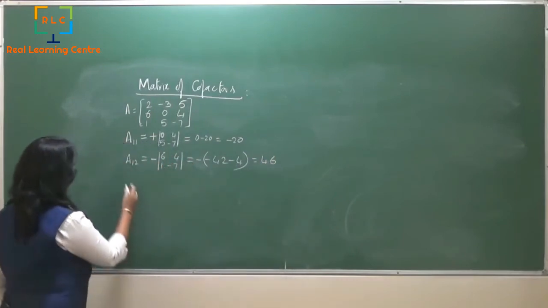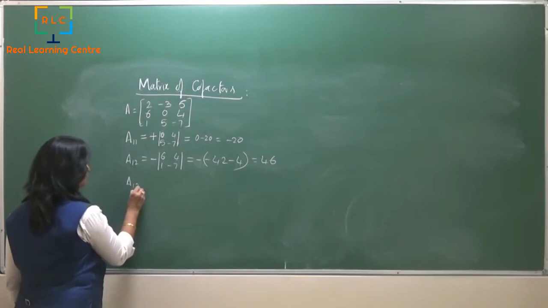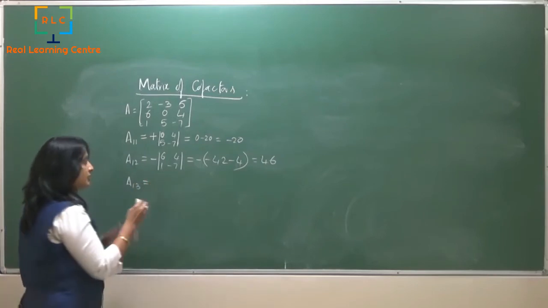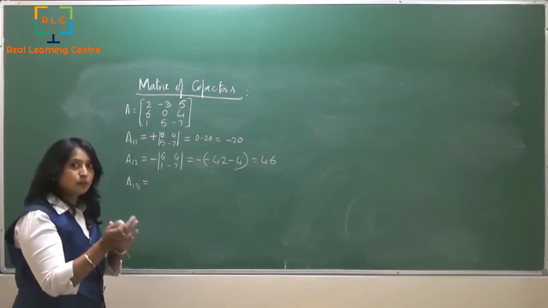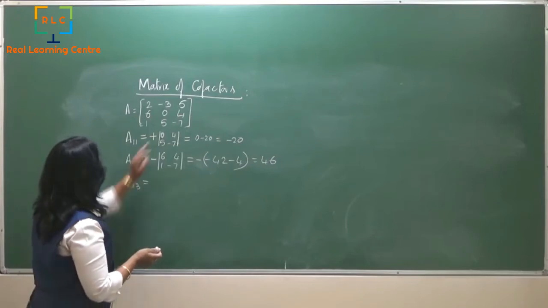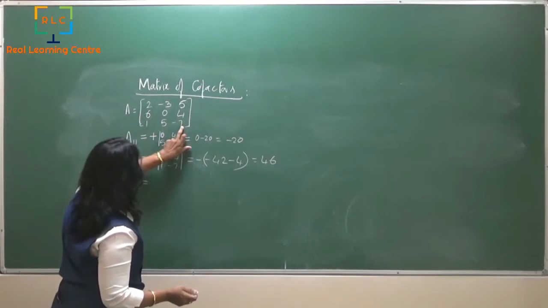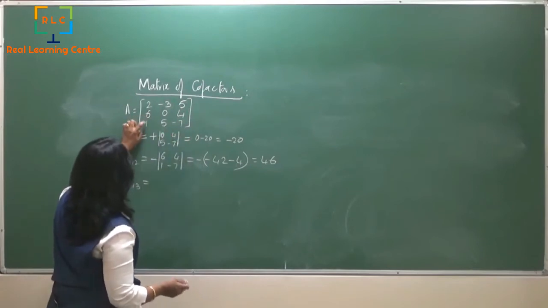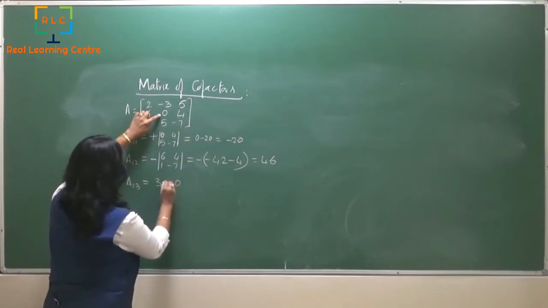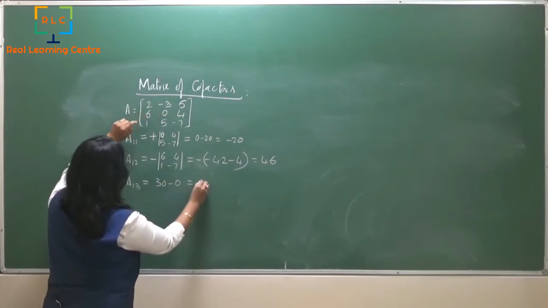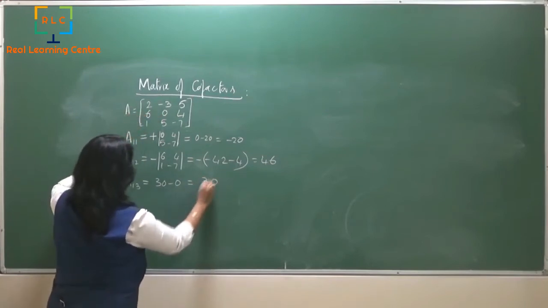Okay, so now A13. Now like this, I shall not write the determinant, instead I shall take it directly. So please follow me. A13 is this. That particular row and column I will delete, and I shall take out the determinant. 6 into 5 is 30 minus 0, which is 30.